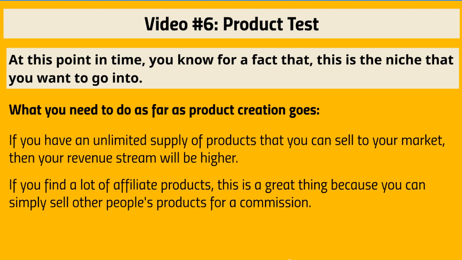Now, that's the nice thing about products, but product creation definitely does take time. And a shortcut of that is what we call private label rights products. What that means is you have somebody who has created a video course or a report or an ebook or some sort of product, and they are giving you rights to put your name on it and make it your own.